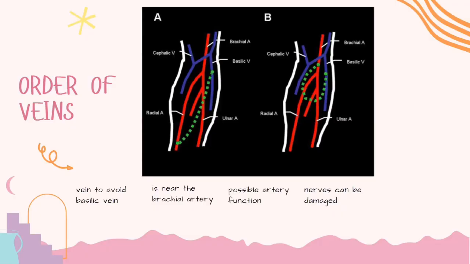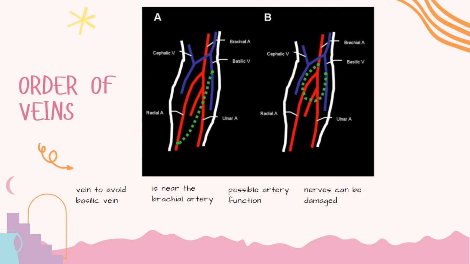So, as I mentioned earlier, the vein we need to avoid, or not even make an attempt on unless necessary, is the basilic vein, okay? The reason for this is that it is near the brachial artery. In fact, the brachial artery runs just underneath the basilic vein. So, if you put two fingers over the basilic vein area, you should feel a pulse.